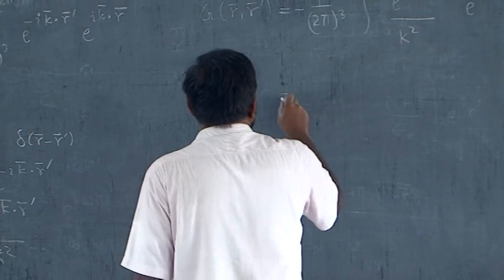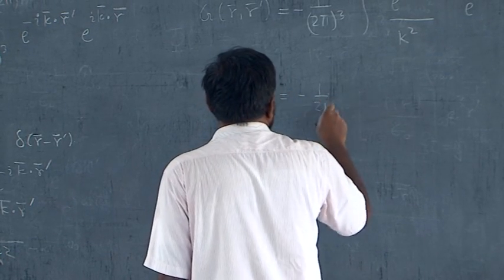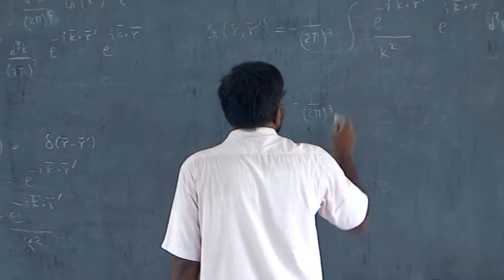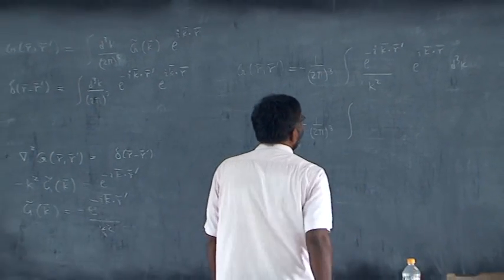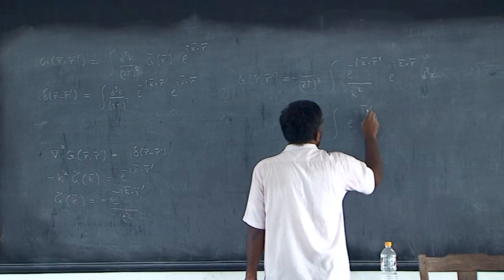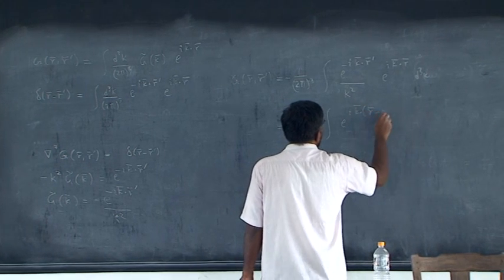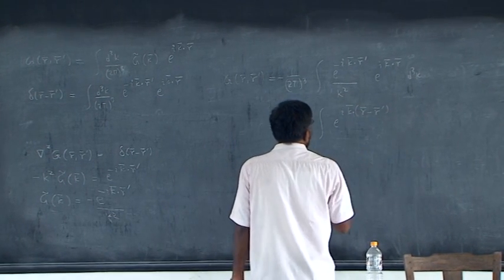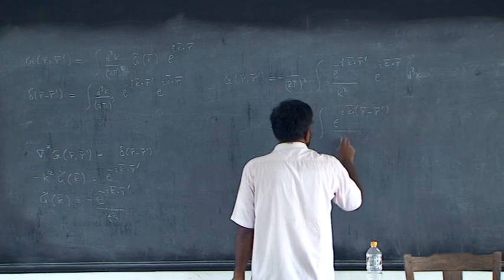So this is equal to minus 1 over 2 pi the whole cube into integral e to the i k dot r minus r prime divided by k square.